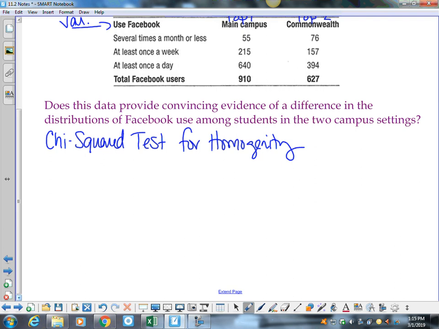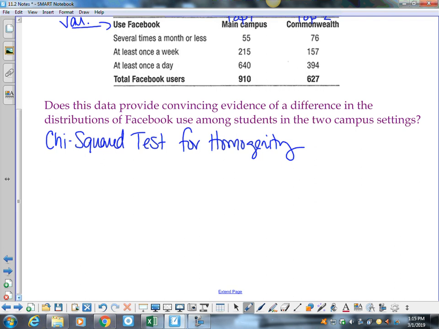H sub O. There is no difference in the Facebook use based on where you live.